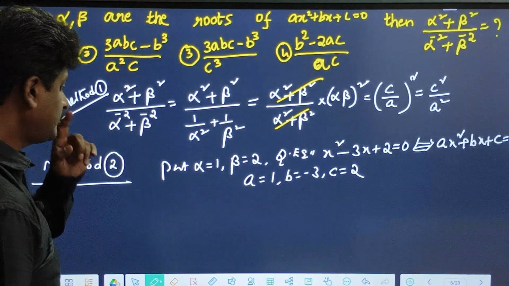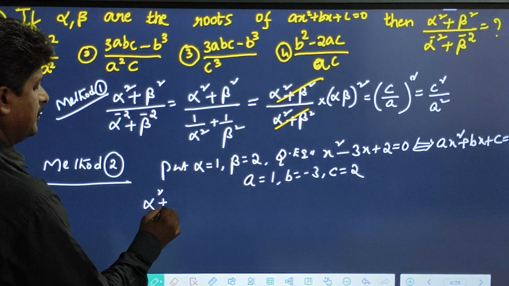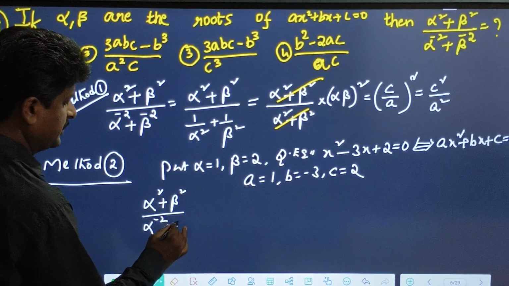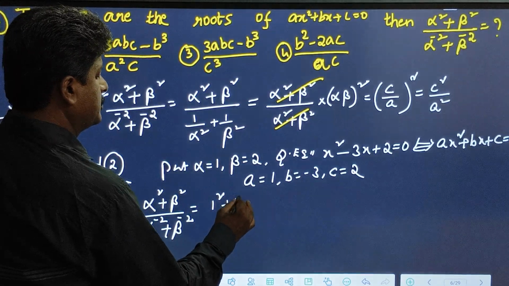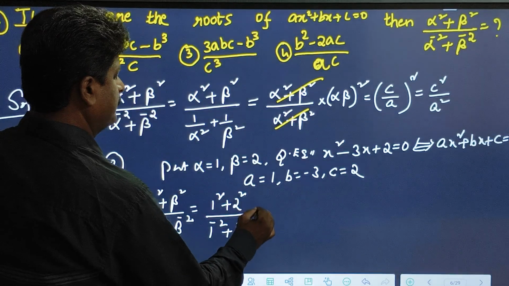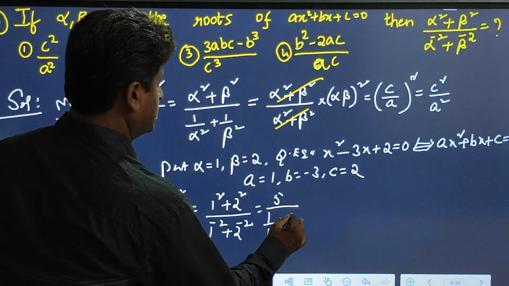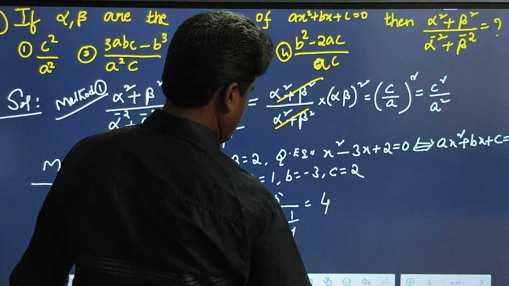Keep aside. Now, let's move to the question. (Alpha square plus beta square) by (alpha power minus 2 plus beta power minus 2) will be (1 square plus 2 square) by (1 power minus 2 plus 2 power minus 2). This is 5 by (1 plus 1 by 4), which is 4.